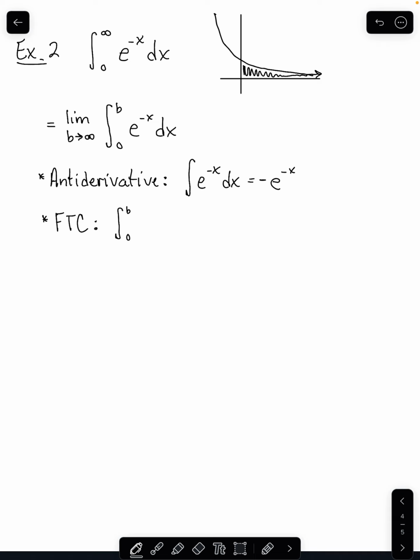The integral then from 0 to b of e to the negative x dx would be equal to the antiderivative, negative e to the negative x, evaluated at b, minus negative e to the negative x evaluated at 0.